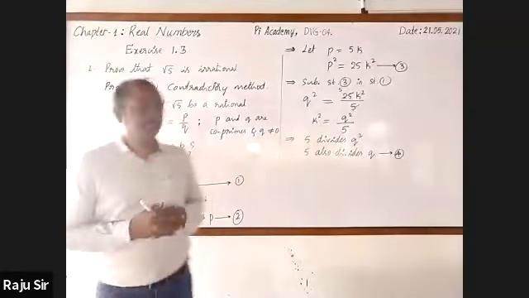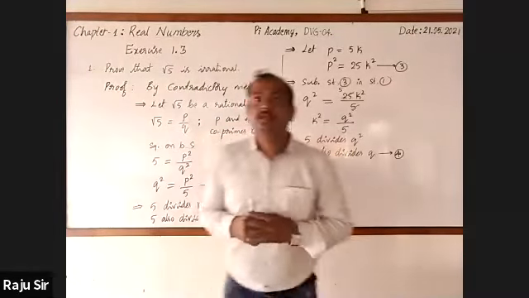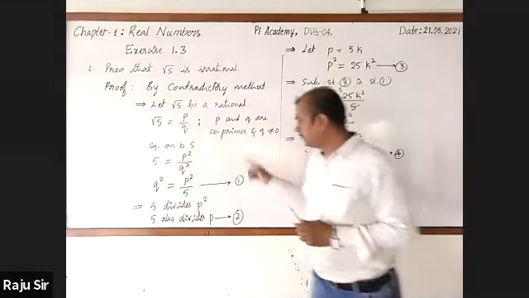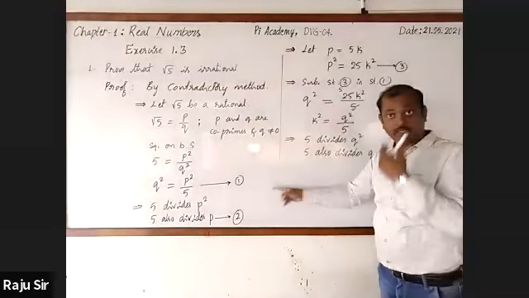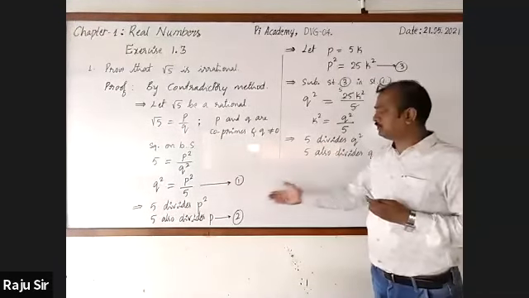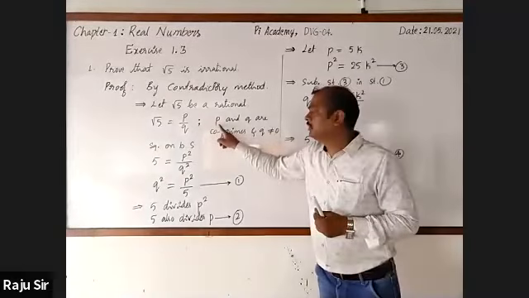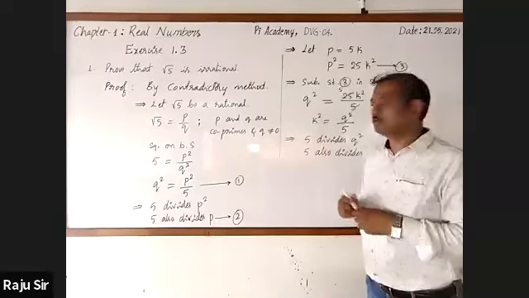But our assumption is that p and q are co-primes, which means that the HCF of p and q is 1. But here, as 5 is a common factor of both p and q, we can say that the HCF of p and q is 5. As a result, we can also say that p and q are not co-primes.